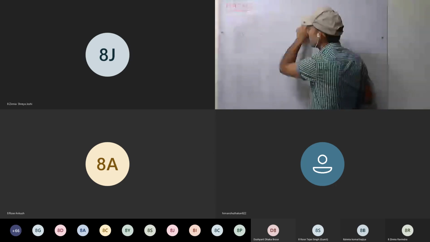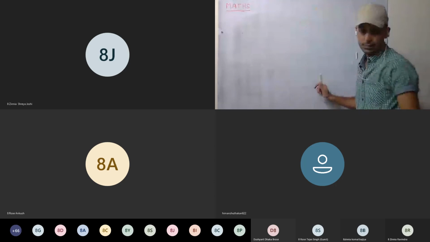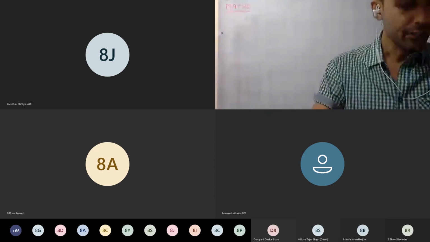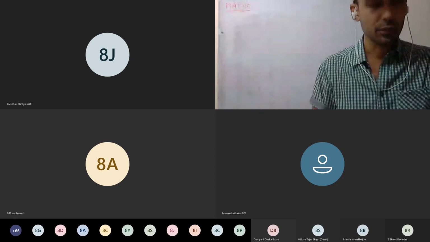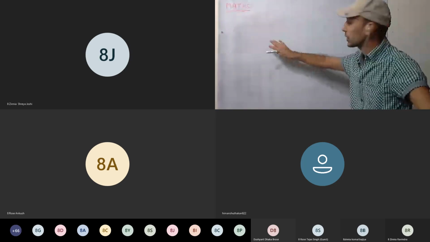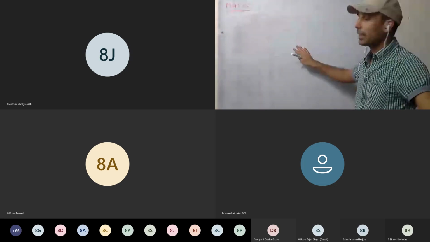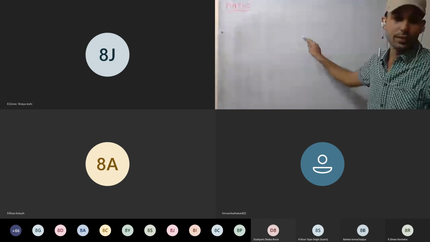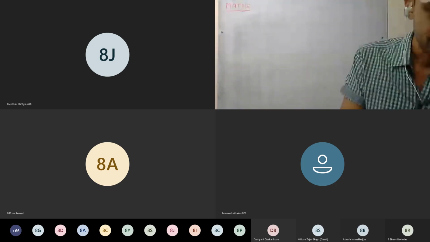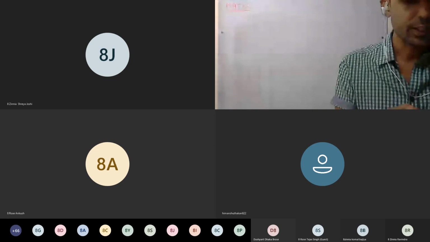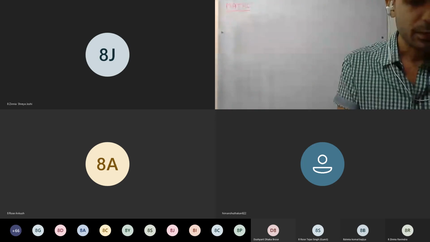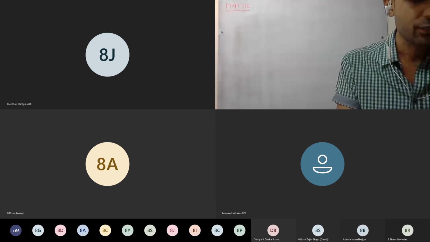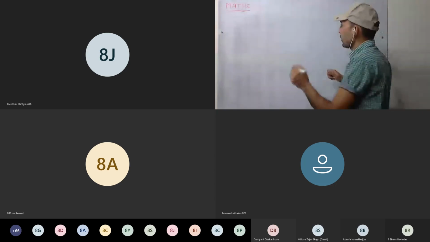Now read the second question once. What you have to do in the second question? In the second question, identify the perfect cube among the following. Some numbers are provided to us. Among them, we have to identify which one is a perfect cube. Now, the second part of the question: find the number whose cube is the given number in each case of a perfect cube. Now see what we have to do.